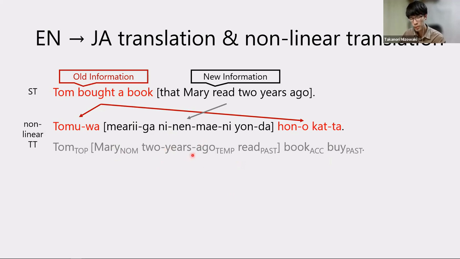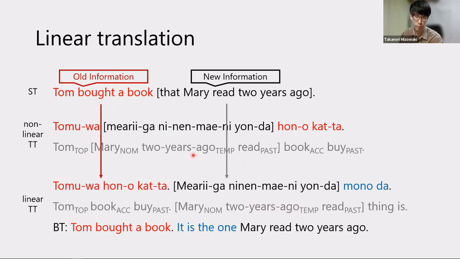So these problems can be solved by keeping the word order of the source text as unchanged as possible, which means translating linearly. We call this translation a linear translation.